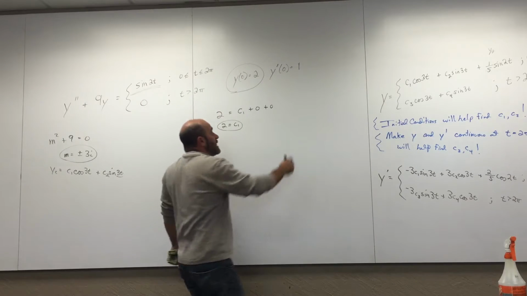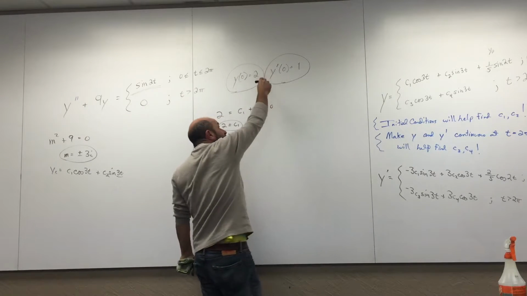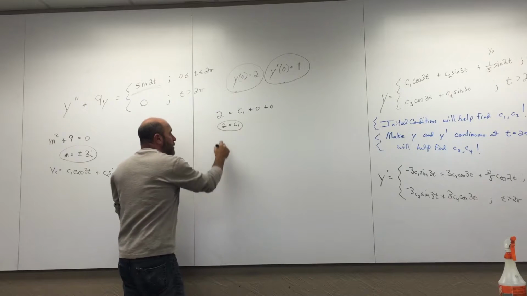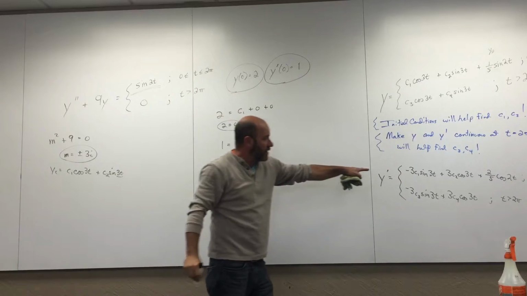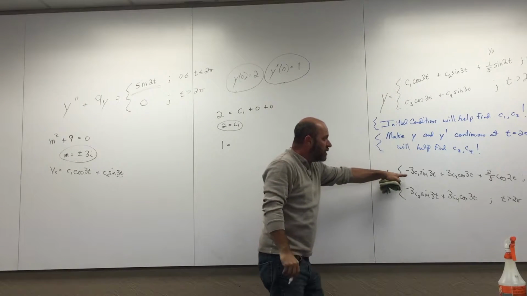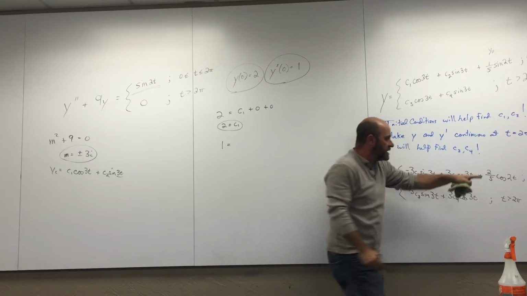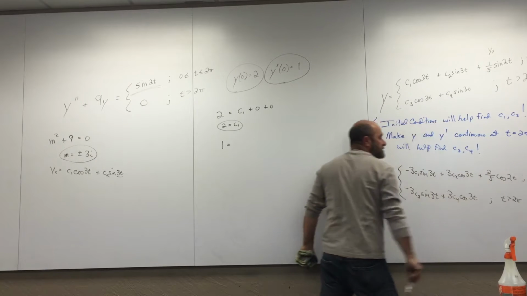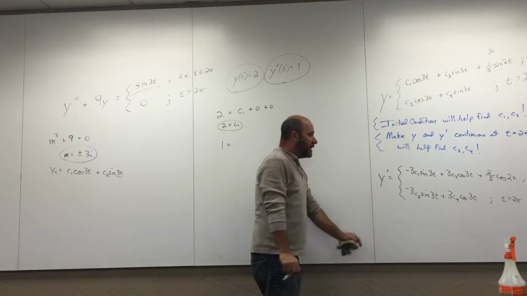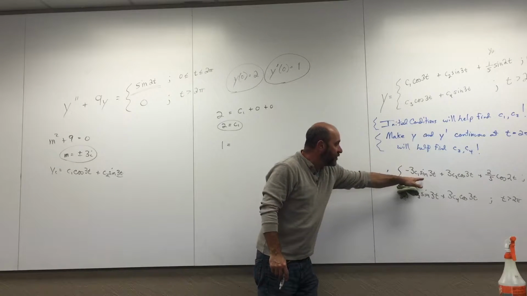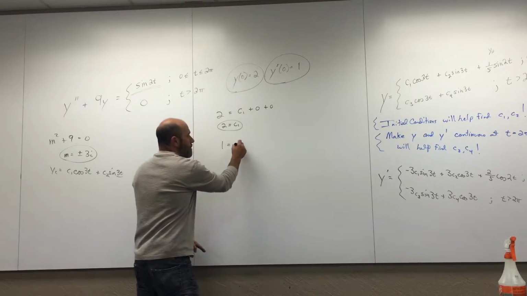That other condition says if you plug a 0 in the derivative, you get 1. Okay, I'm going to go down here to the derivative. And again, it's the top piece of the derivative, not the bottom piece, because it's defined at 0. Now I'm plugging in a 0 here. Well, that term is a big 0.